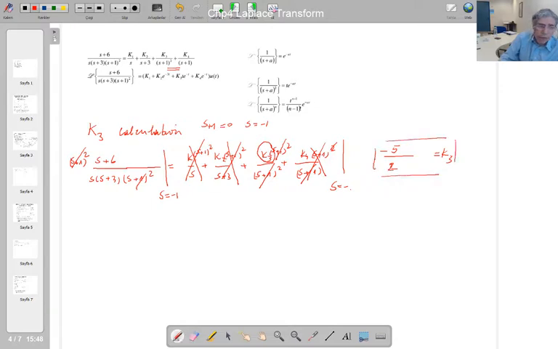What about K4? We will be repeating the same thing that we have done here, but before replacing s with minus 1, we are going to do another operation.